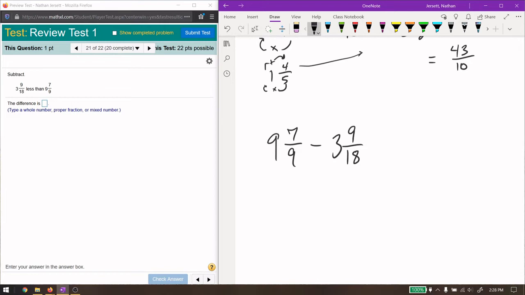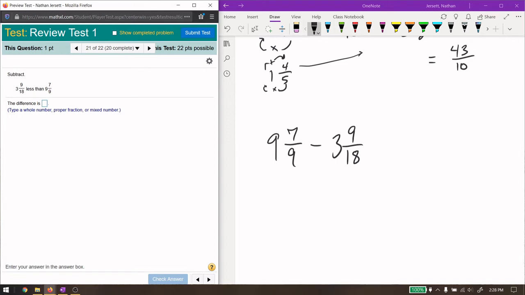So it's 9 7/9 minus 3 and 9/18, not 3 and 9/18 minus 9 and 7/9. Make sure you understand how to read this in English. If they said 3 and 9/18 subtracted by 9 and 7/9, then it would be flipped as well. But when they use less than, that means you take 3 and 9/18 off of 9 and 7/9.